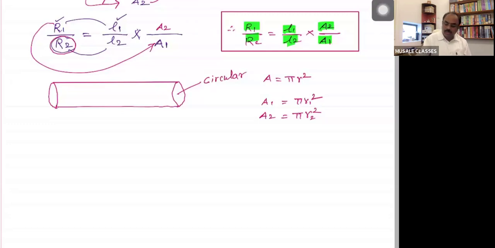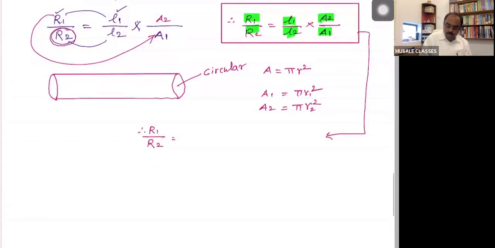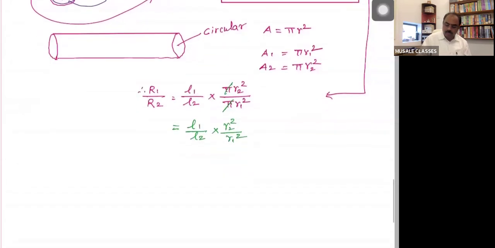So now from this formula, again I can write R1 upon R2 is equal to L1 upon L2 into A2 is pi R2 square upon A1 is pi R1 square. We cancel this. So again the formula will become L1 upon L2 into R2 square upon R1 square.